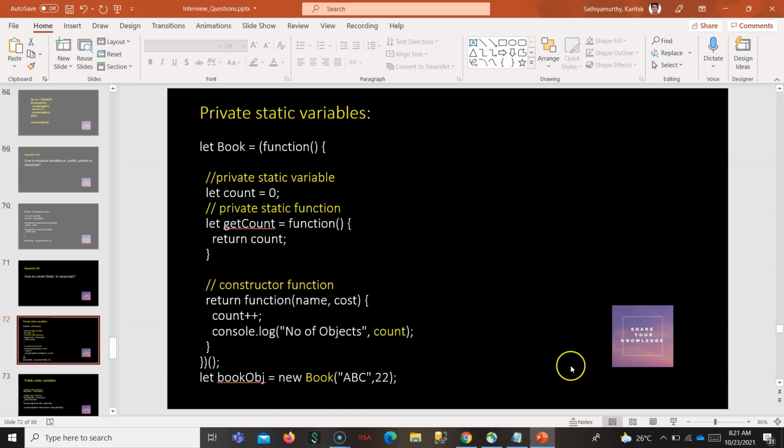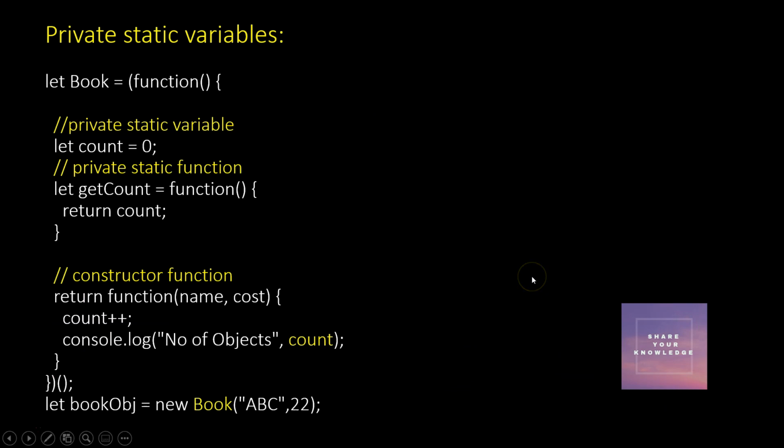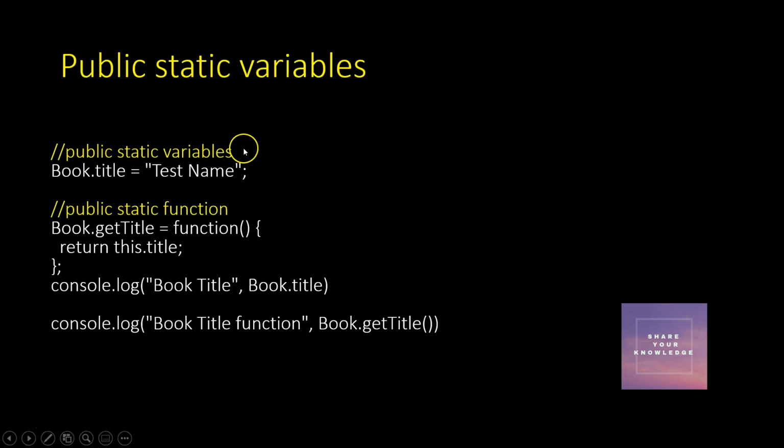Now let us move to the next way of creating static variables: publicly accessible static variables. To create them, you just add the static variable or static function to the constructor function. Then you can directly access it using the constructor function.